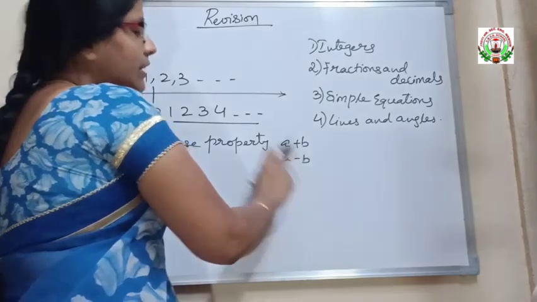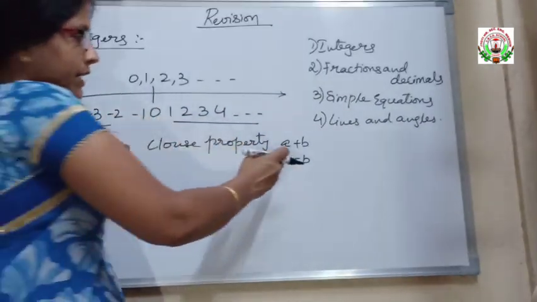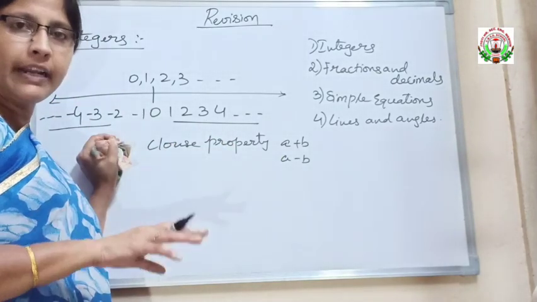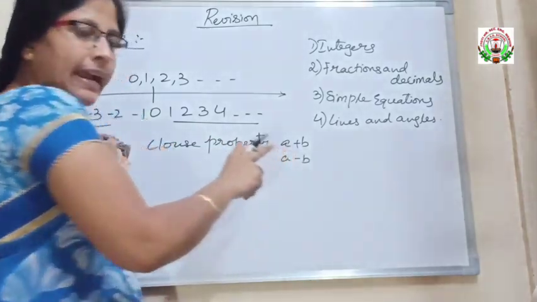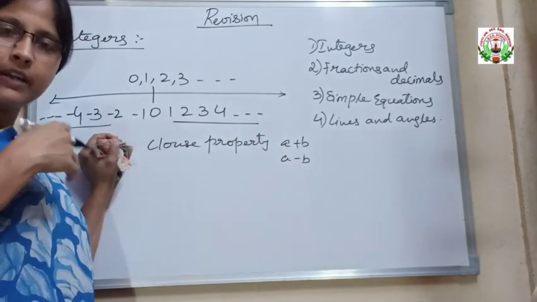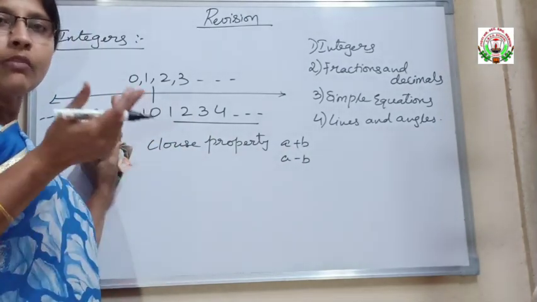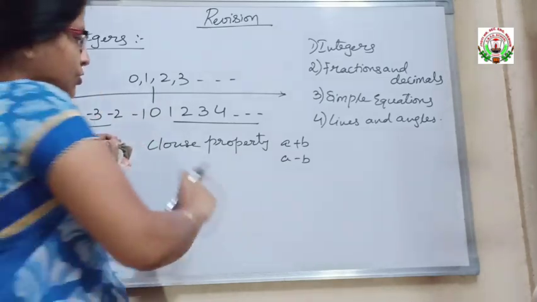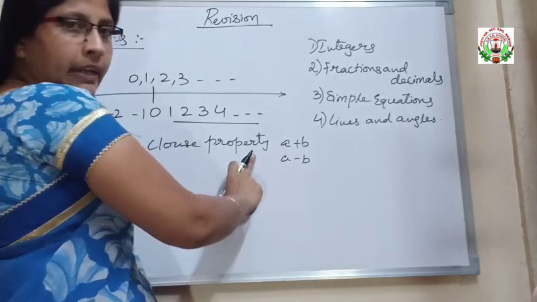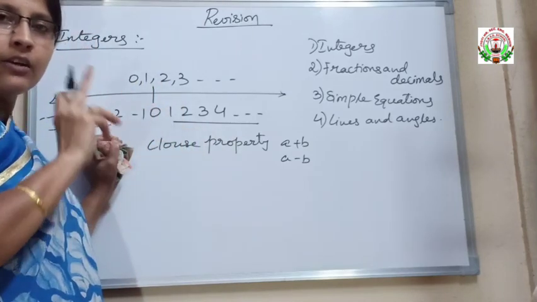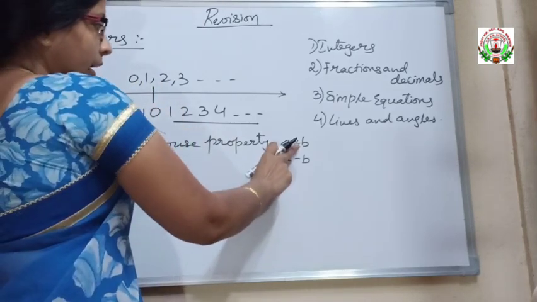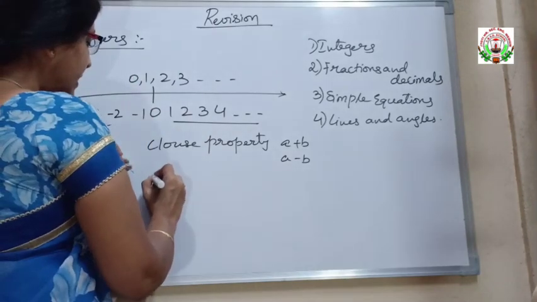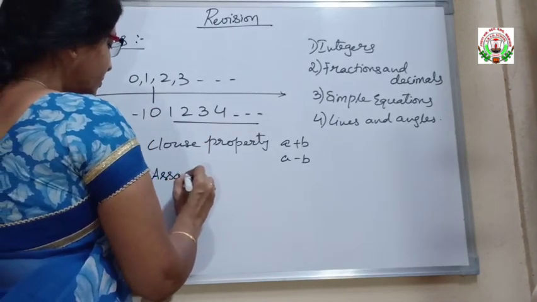Same with a minus b, where a and b can be any positive or negative integer. So when you subtract any two positive integers, we are going to get a positive integer only, and when we subtract any two negative integers, we are going to get a negative integer only. So closure property, integers are closed under addition and subtraction.